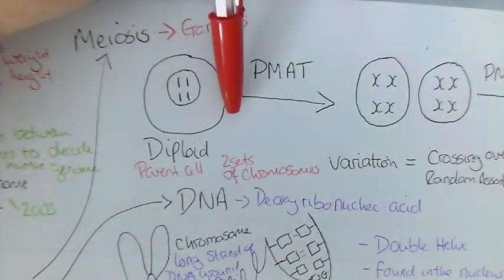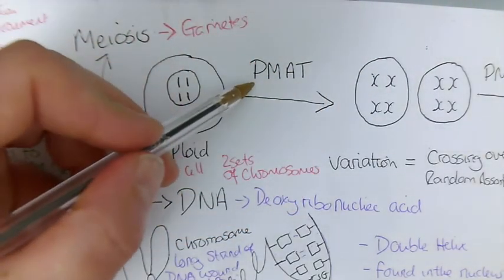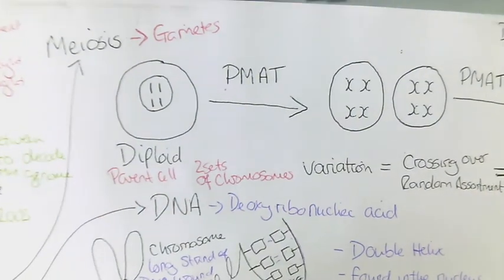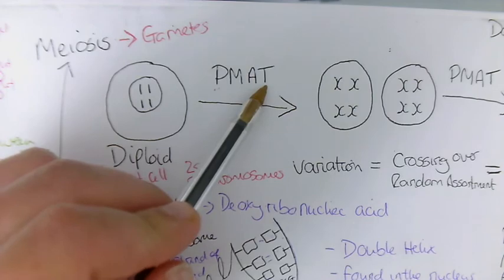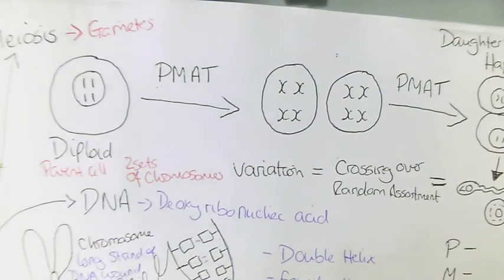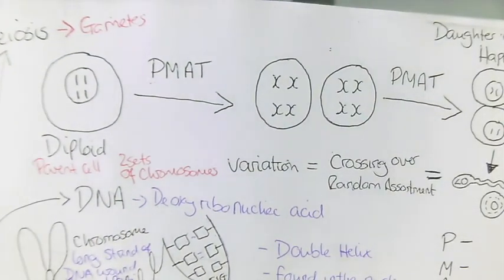It goes through the first round of PMAT. This is how I recognise it: prophase, metaphase, anaphase, telophase. That then gives us these two cells here.